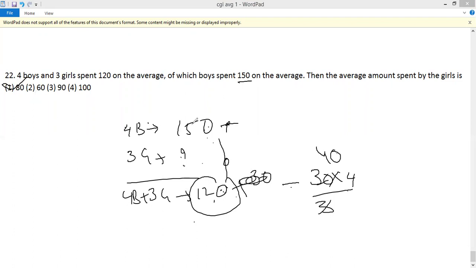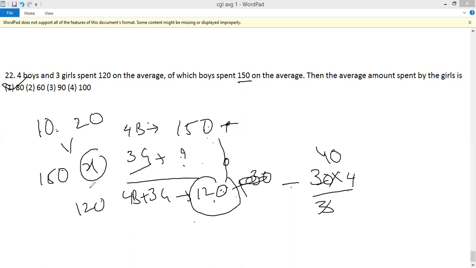So the average must be in between these two. This 150 is greater than 120, so the remaining girls must be less than 120. Suppose 10 and 20 are mixed, then the resultant average must be in between. Same here: boys 150, girls we don't know, resultant 120.